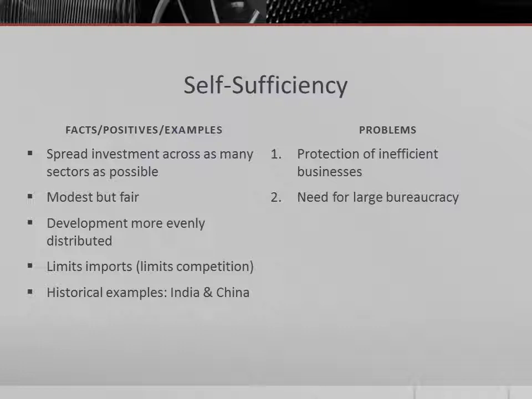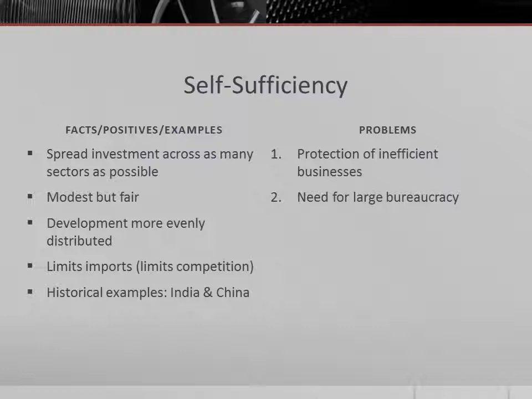Some of the characteristics, as well as things on the more positive side of the spectrum, for the self-sufficiency approach. We start out with what it is: a country will attempt to spread development or investment across multiple sectors. So primary sector, secondary sector, tertiary sector, spreading that investment to try and improve how much you grow and how efficiently you grow it, manufacturing as well as services.